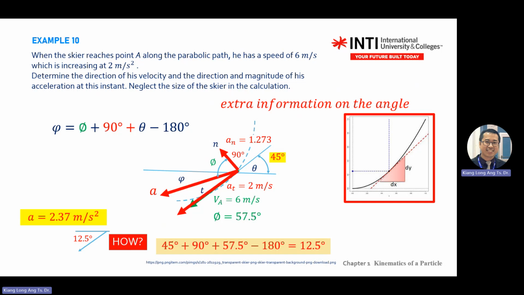Then after you solve, you know that this is a vector. After you solve all this, you need to draw the direction for these two vectors. So AN will be here. You need to update your diagram.